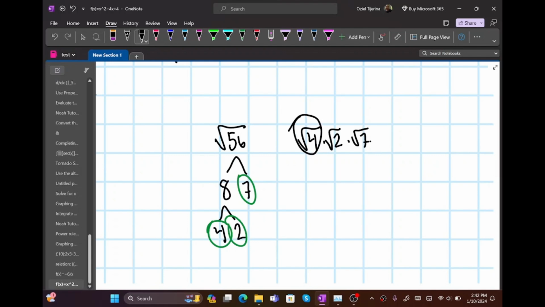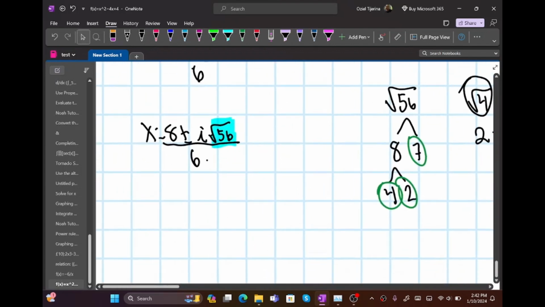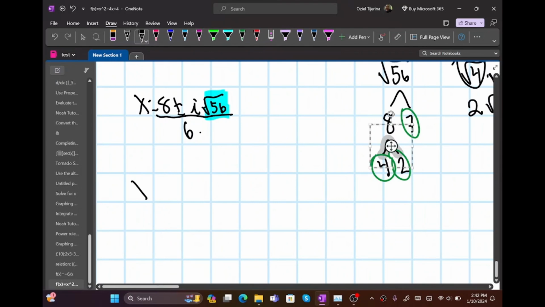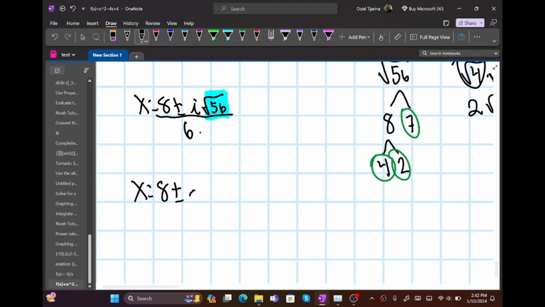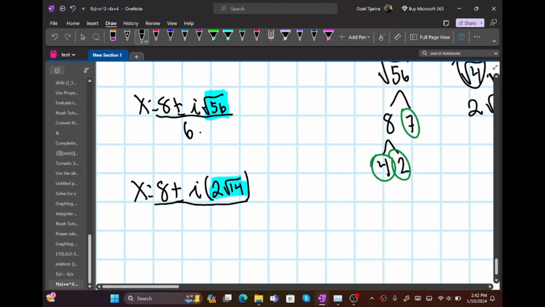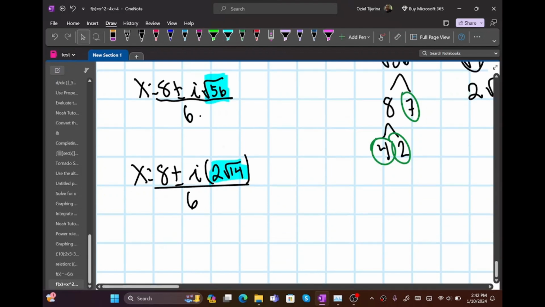The square root of 4 is 2, and then this just becomes the square root of 14. So really what we're going to have is x equals 8 plus or minus i times 2 square root of 14, and this became the square root of 56, all over 6.